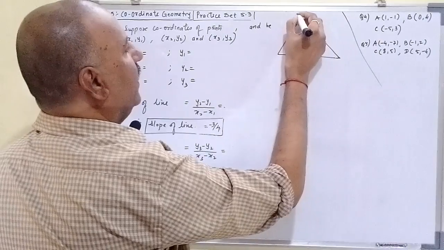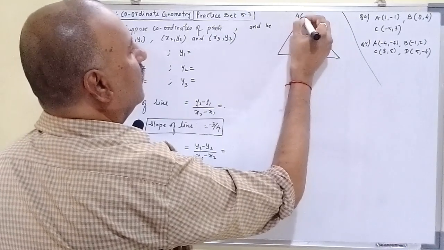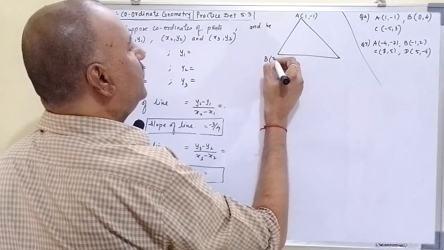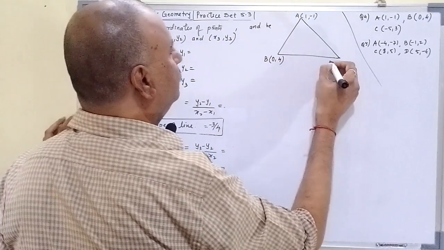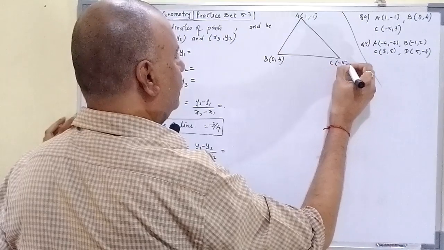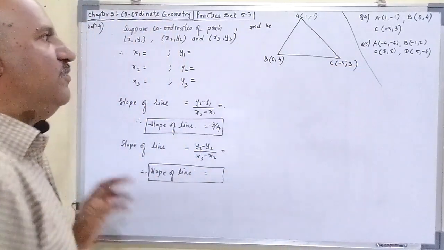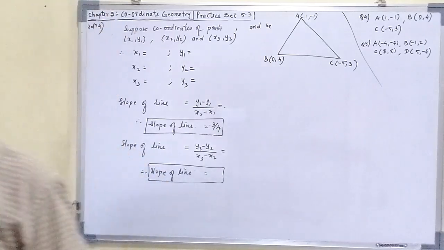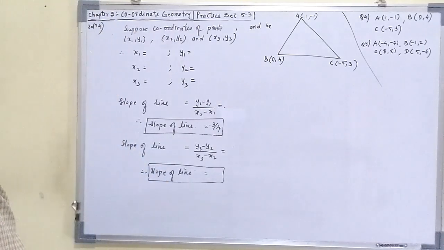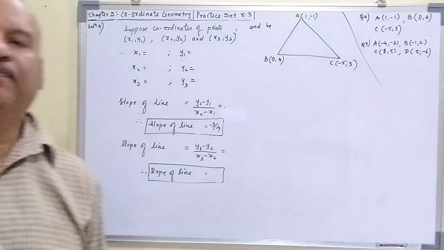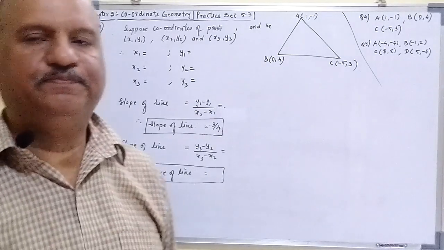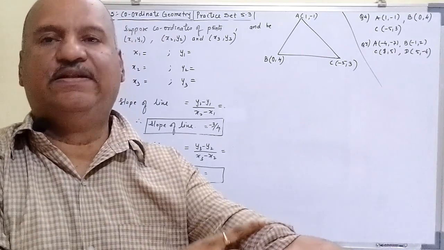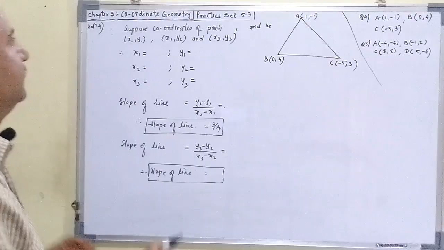A is (1, -1), B is (0, 4), C is (-5, 3). These are the 3 vertices of a triangle given to you. Now we have to find the slope of each side of the triangle.